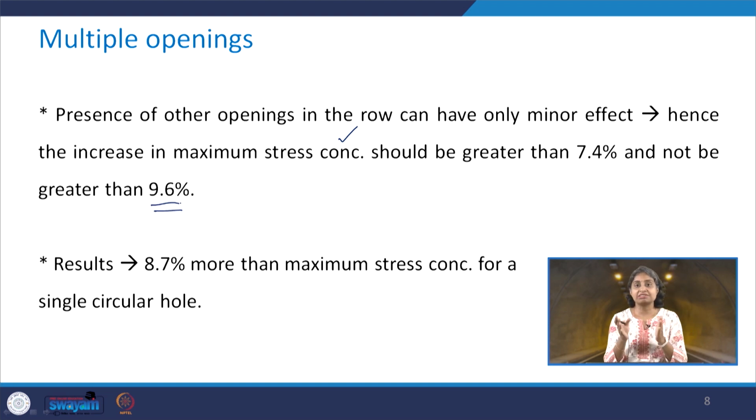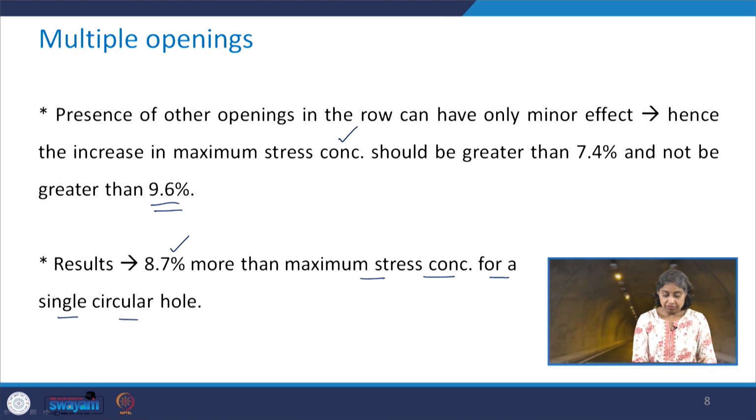That means it should be somewhere in between 7.4 and 9.6%, and the result which we saw is 8.7% more than the maximum stress concentration for a single circular hole. So remember that it has to be greater than 7.4% and less than 9.6%.